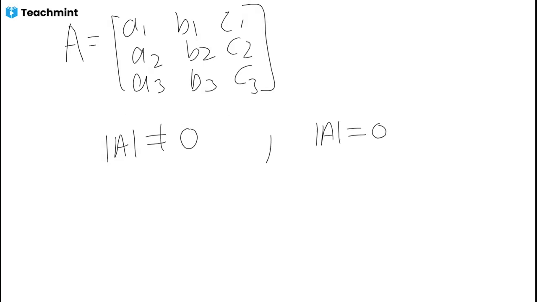After reducing into 2 by 2 order, we'll find again the determinant of that 2 by 2. If the determinant of that 2 by 2 is 0, then you can say its rank is 1 only. If it is non-zero for 2 by 2, then you can say its rank is 2.